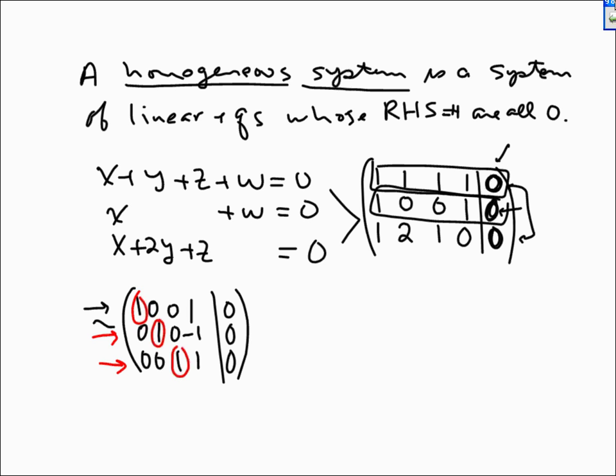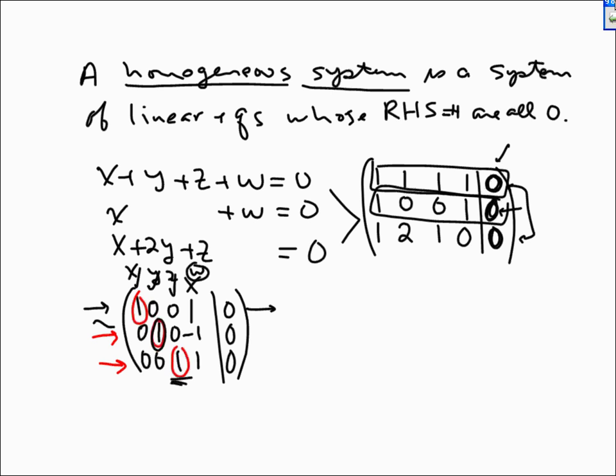The leading 1 in row 2 does not have to be in column 2. The leading 1 in row 3 did not have to be in column 3. When it comes to column 1, I see a leading 1. Column 2, I see a leading 1. Right there. Column 3, yep, there's a leading 1 in column 3. Column 4 does not have a 1. Remember, the variables were x, y, z, and w. W is an open variable.